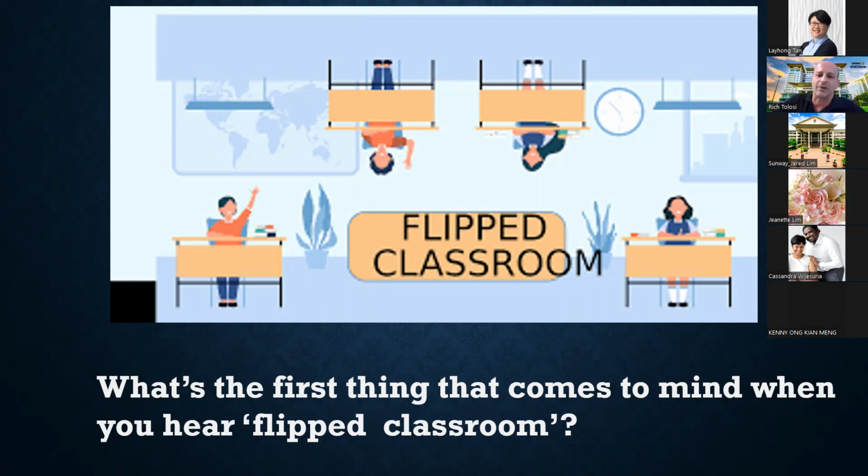Using in and out of class time. Okay, good. To reverse. Okay. Student engagement in class. Yes, for sure. We'll talk about that more. Student watch videos before a lesson. Okay. Student went outside the class before coming to class. All right. Good. Good. Some good ideas there.